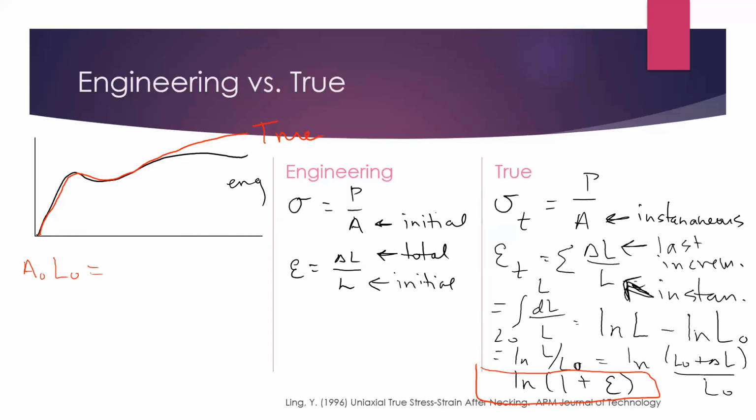At any time that's going to be equal to the area times the length, so we're going to keep the same volume. We can rearrange that so that A naught over A is equal to L naught over L.